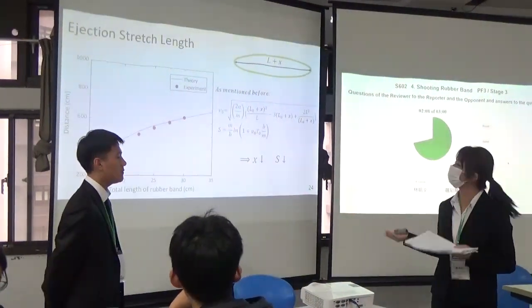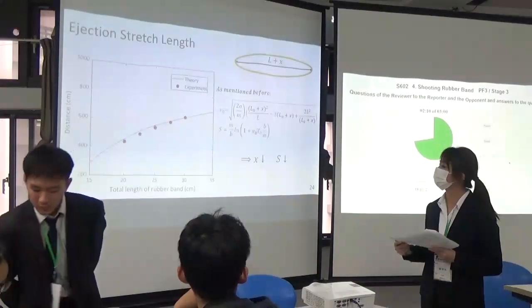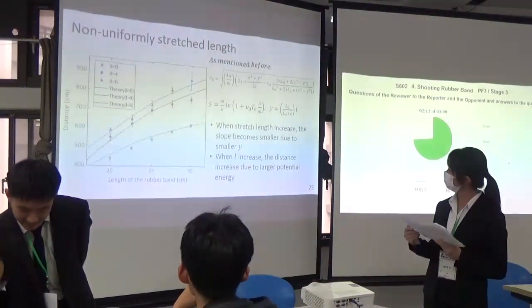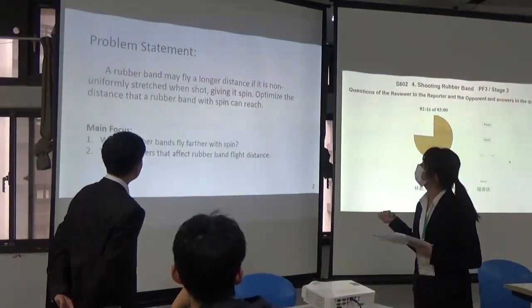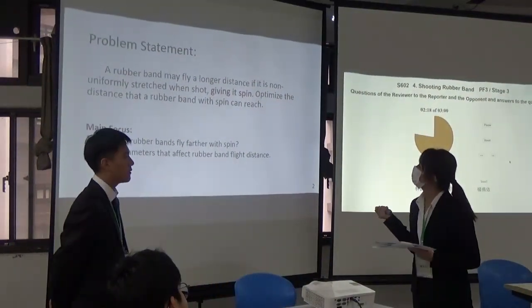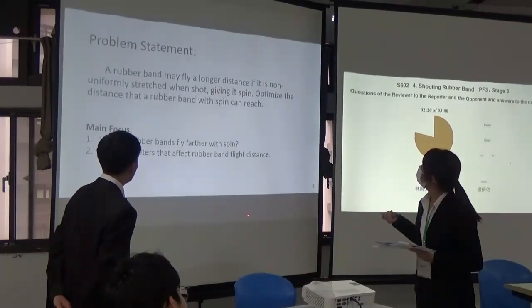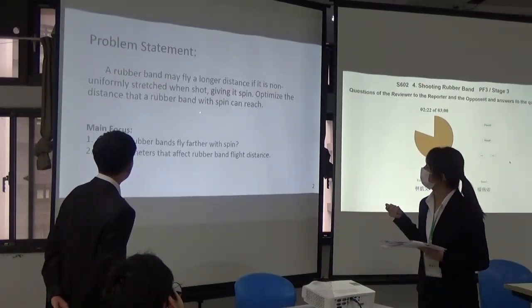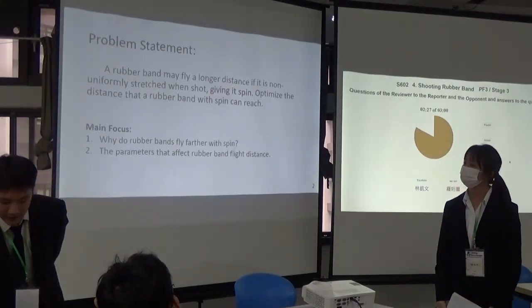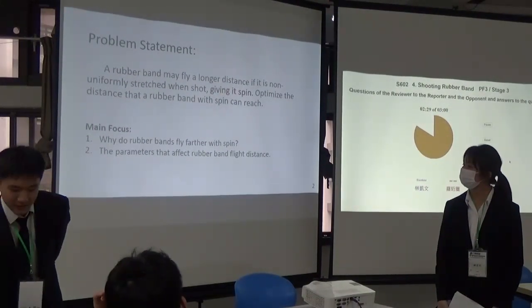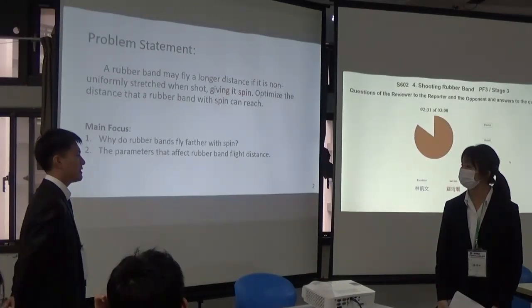And go to the problem statement page. You say that you have the longest distance that a rubber band with spring can reach? Yes. According to our experiments, it should be 30 degrees and 6.